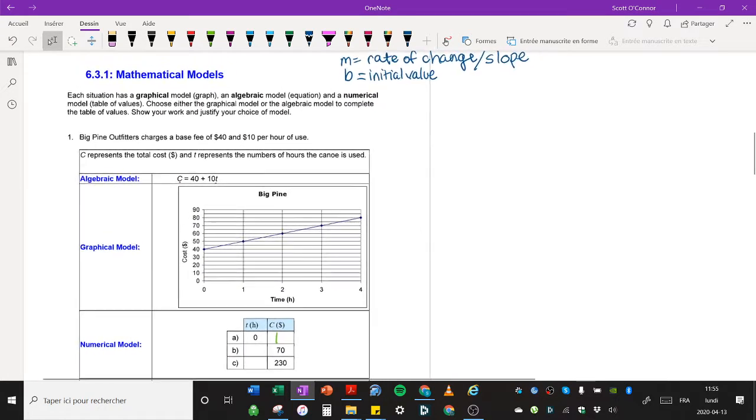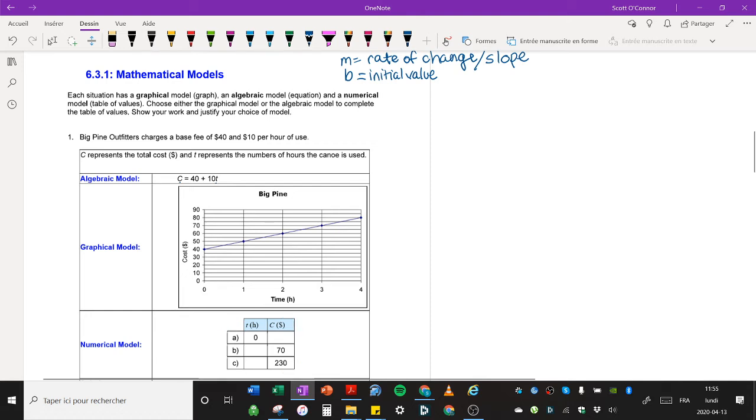Alright, so here it says each situation has a graphical model, an algebraic model, and a numerical model. It also has a word model, you can see here. And what we're going to be doing is completing this table of values down here, using either the algebraic model or the graphical model to do that.